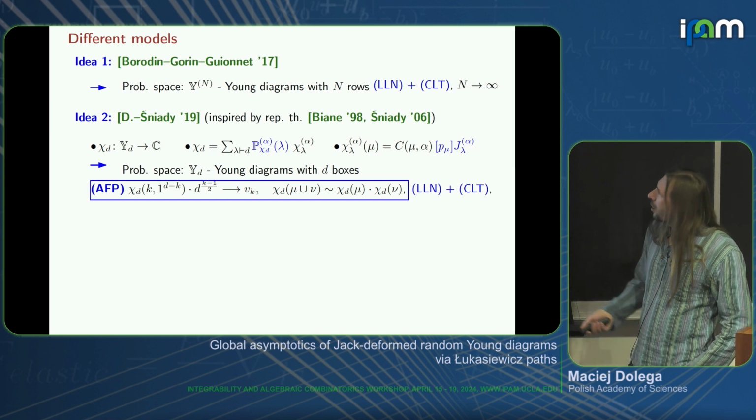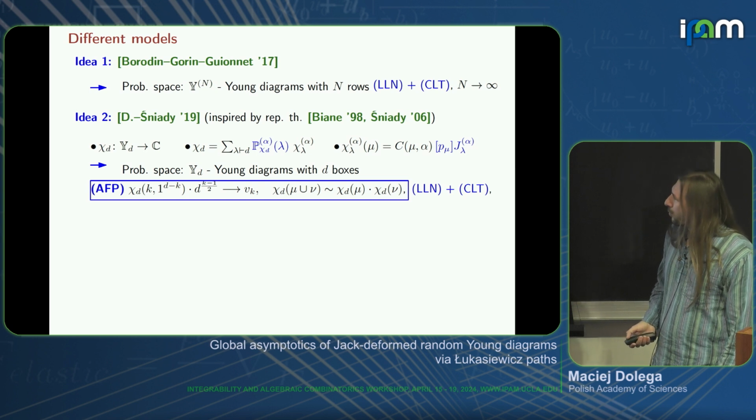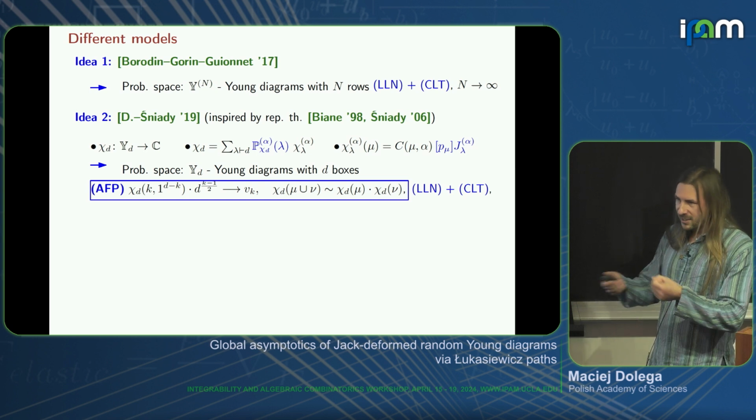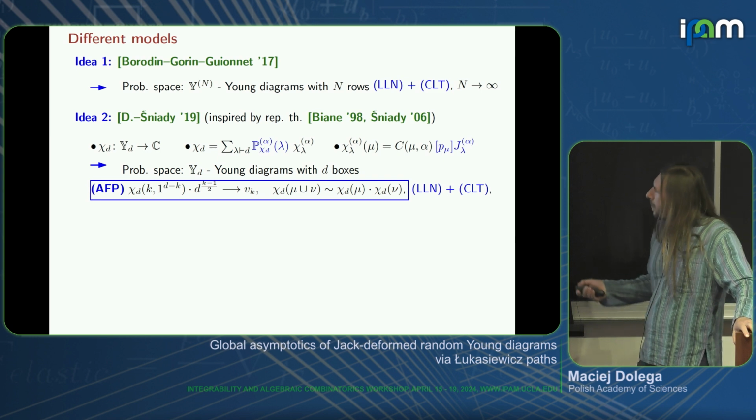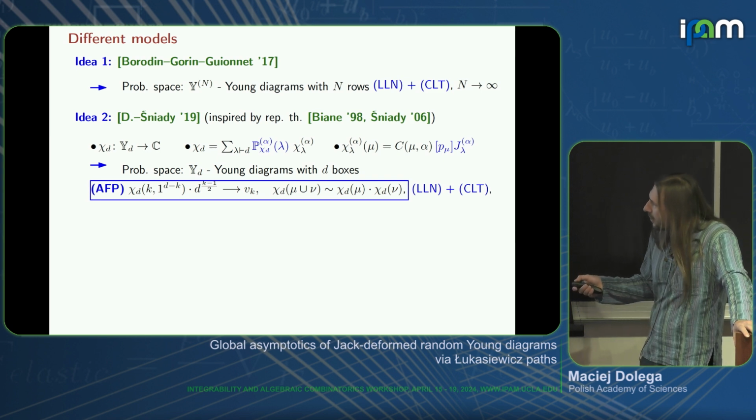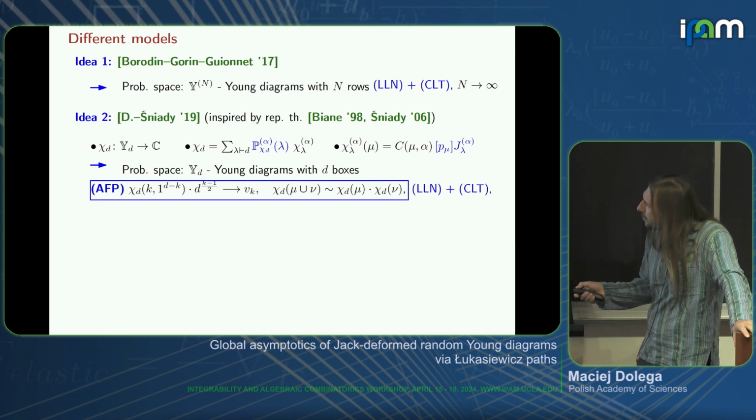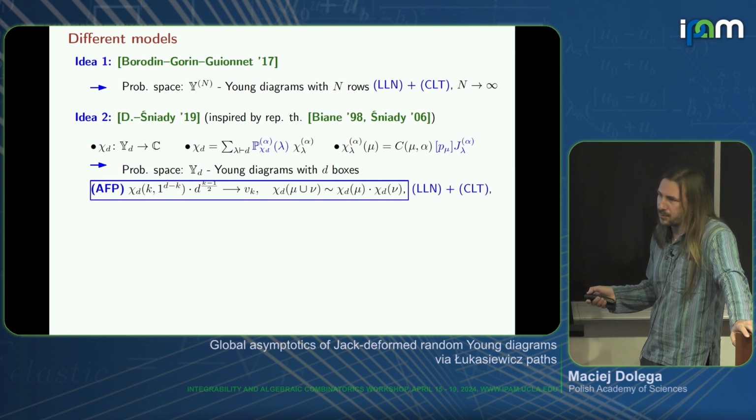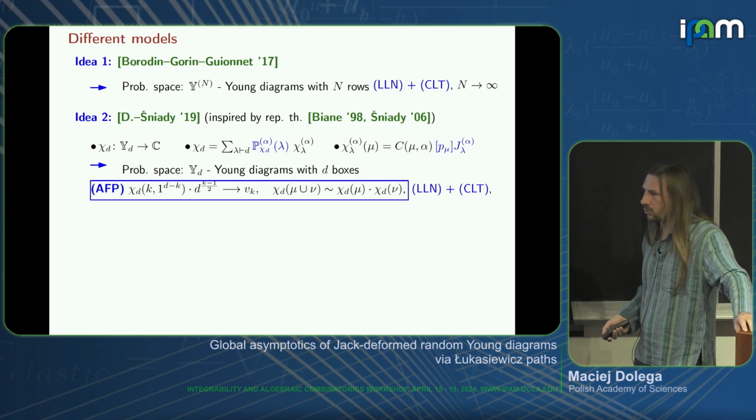So this was an idea of Philippe Biane, who proved that if you have a sequence of representations, and if this sequence has some nice properties, namely, you control what the characters on long cycles are, how they behave asymptotically. So the first condition basically tells you that they do not grow too fast.